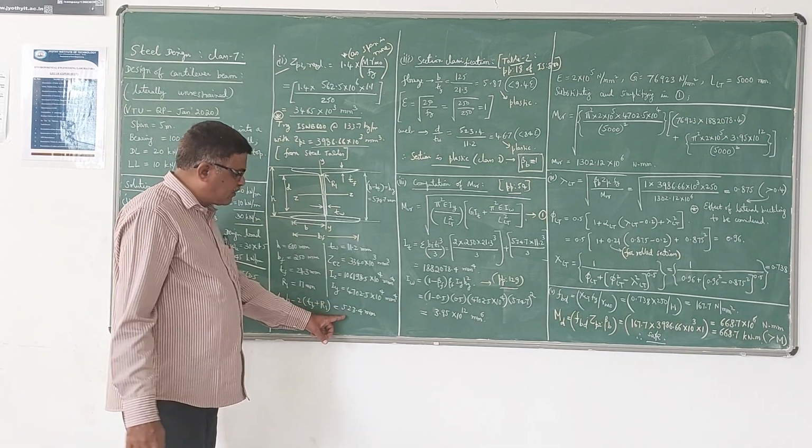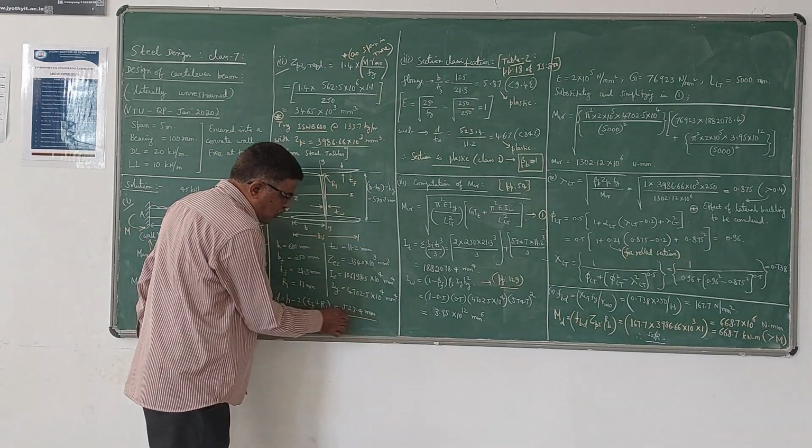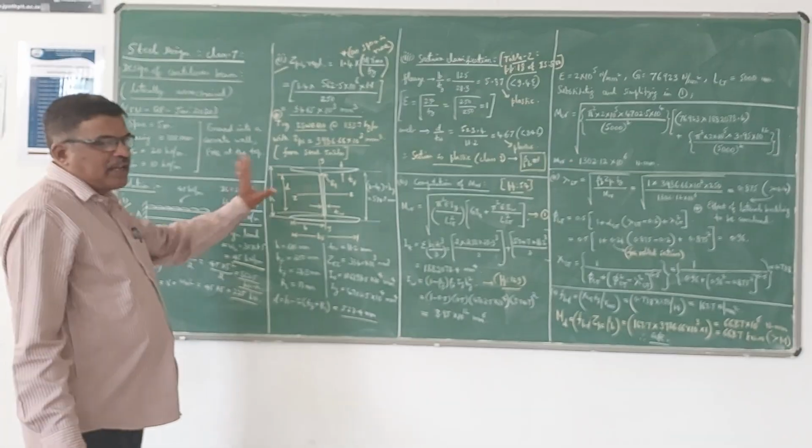If you substitute and simplify, you get 523.4 millimeter as the value of D.